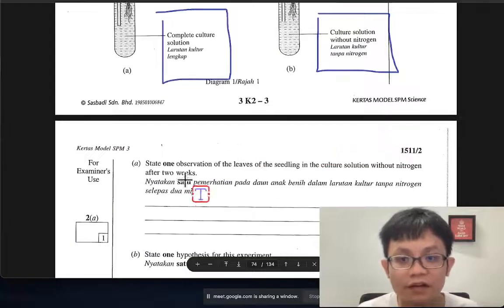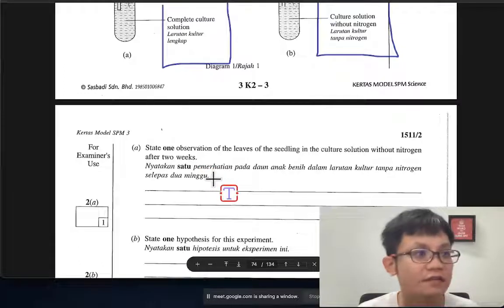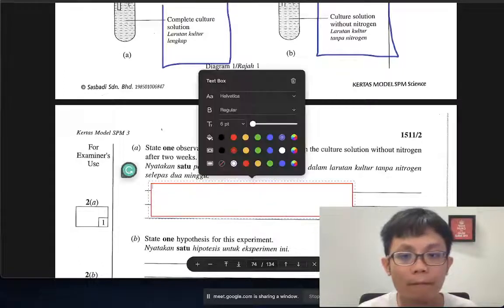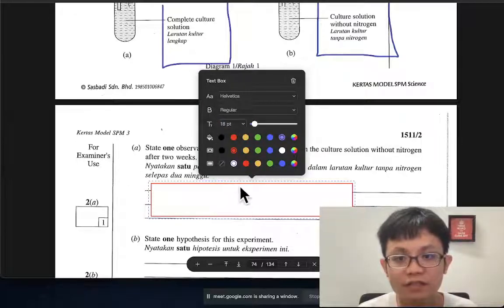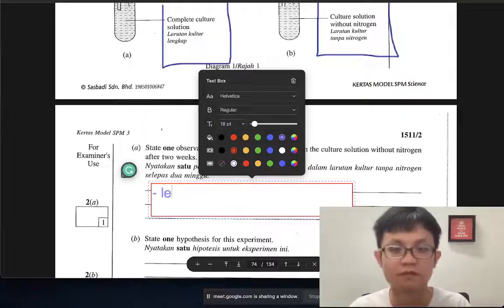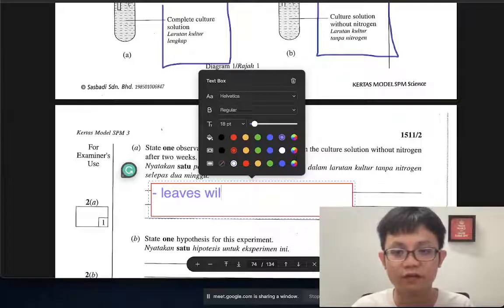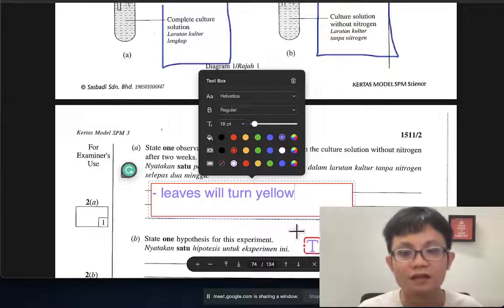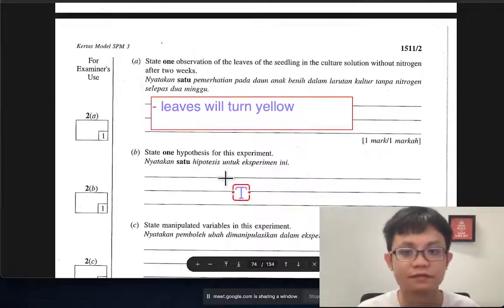Okay, state one observation. So what is the observation? Leaves become yellow. Leaf will turn yellow. Very good. State one hypothesis.